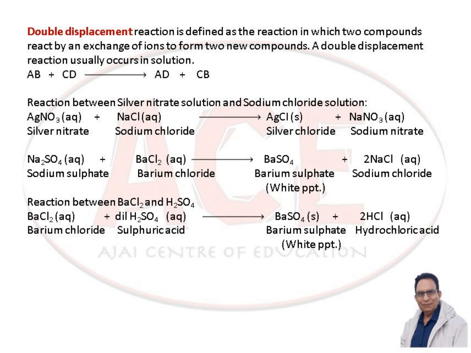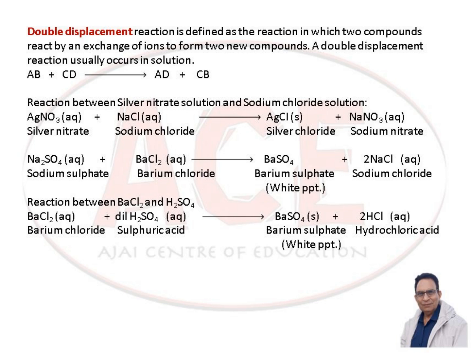Example of double displacement reaction, reaction between silver nitrate solution and sodium chloride solution. AgNO3, silver nitrate, plus NaCl, sodium chloride, on reacting give AgCl, silver chloride, plus NaNO3, sodium nitrate. So here nitrate and chloride ions are exchanged.